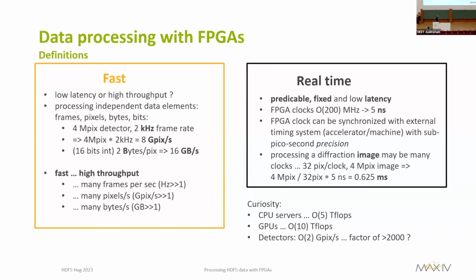What I would like to say, out of curiosity, is that with nowadays CPU servers, like the previous speaker was showing, a server can definitely have a performance of 5 teraflops, or a GPU can have 10 teraflops. And we are speaking here about processing, for example, 2 or 4 gigapixels per second. This means that there is a factor of 2,000 between these values.